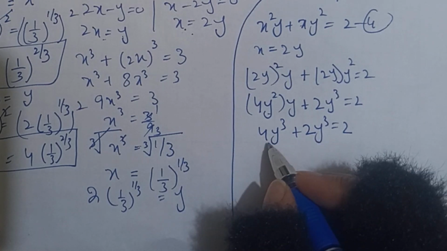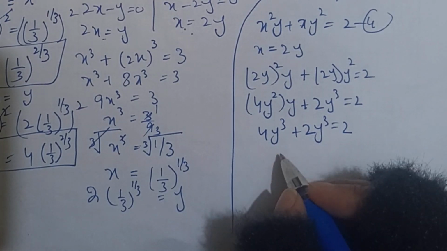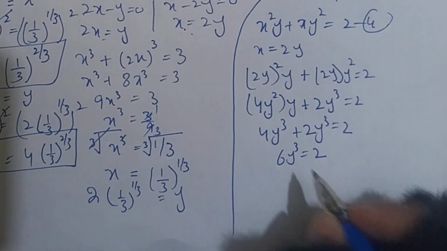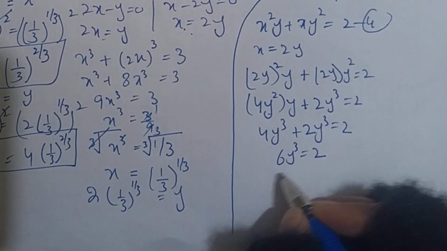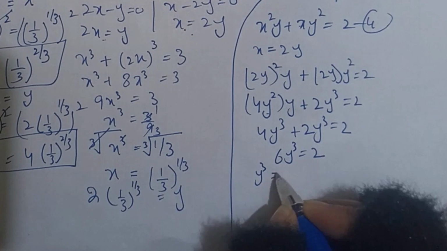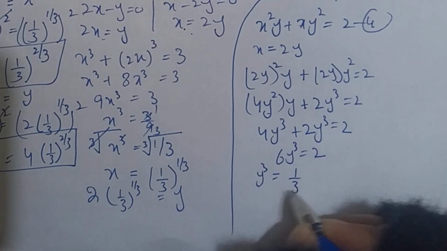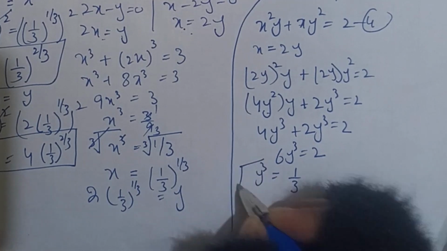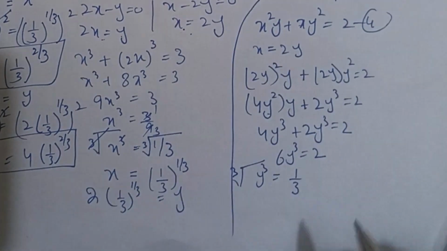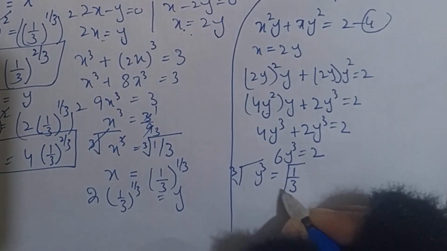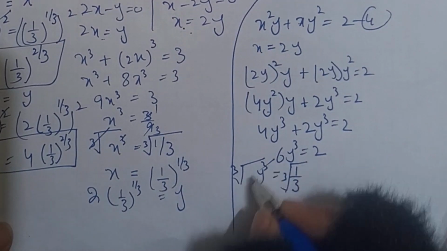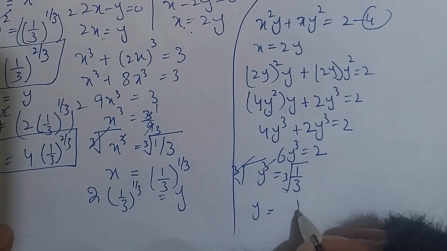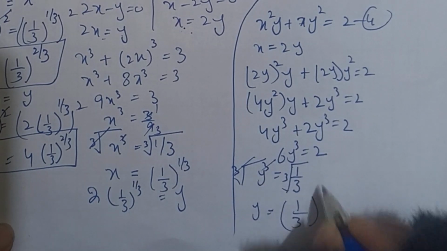If we add 4y cubed plus 2y cubed, then we get 6y cubed is equal to 2, and divide this equation by 6, then we get y cubed is equal to 1 over 3. We need to find the value of y, so we take a cube root on both sides. This cube and cube root will cancel. We just get y is equal to 1 over 3 raised to the power 1 over 3.